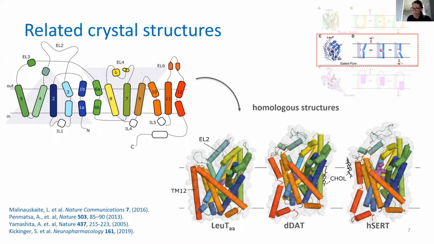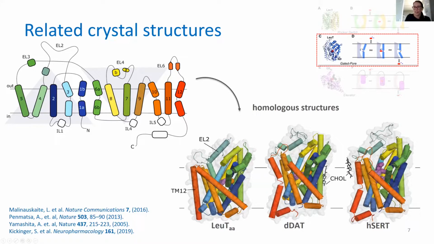So we don't have a 3D structure, but we have the related structures from the other SLC6 transporters, and we know that they all share the same overall fold, because apparently evolution wasn't so creative in designing these different folds. And the fold that we are talking about is these 12 transmembrane helices, and you can take the first 5 helices and superimpose them on the next 5 helices. So we have some kind of pseudo-symmetry in our transporter.